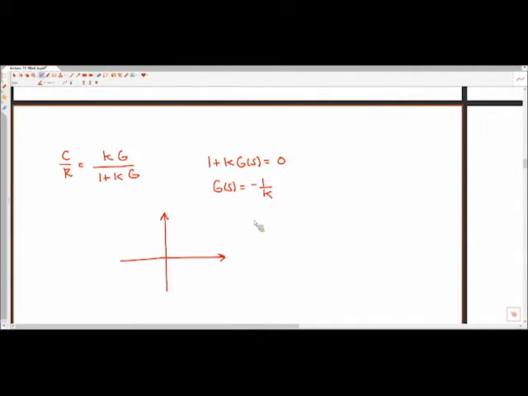K is a real number, it's positive, so negative 1 over k is a negative real number. And so that would be, say, this location. It has a magnitude of 1 over k, so we're looking at what are the values of s such that g of s can be written as a vector that is negative real.